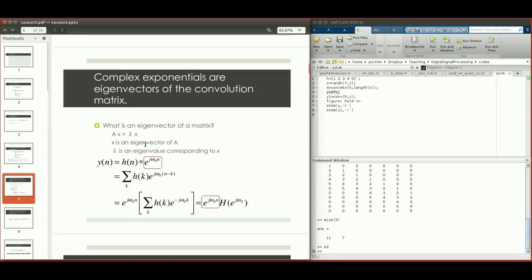And this eigenvector is not arbitrary. If you just use an arbitrary vector for a given matrix A, you probably won't get this property, right? And this lambda also depends upon the particular matrix A and the corresponding eigenvector x. This lambda is also not arbitrary, right?